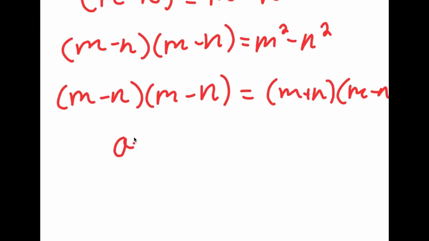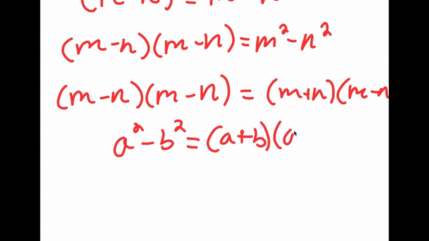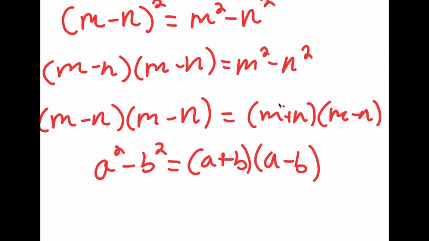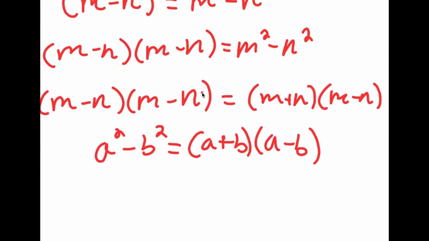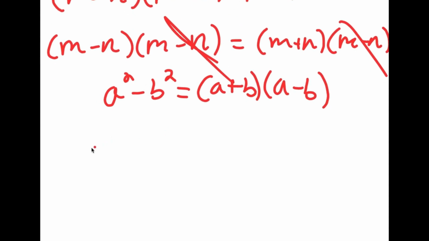Because if I have something in the form a squared minus b squared, this is equal to a plus b times a minus b. So now, as you see, we can simply divide both sides by m minus n, cancel these two out. So now I'll be left with m minus n is equal to m plus n.